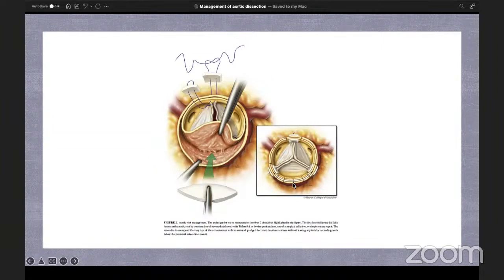That would be sufficient to repair the root, especially if there is no involvement of the valve leaflet itself or the coronary ostia.